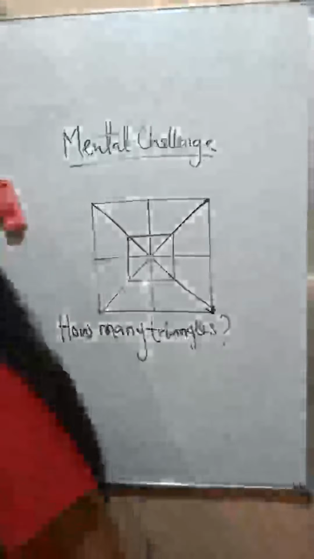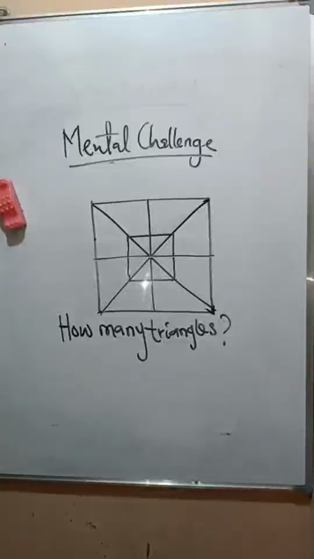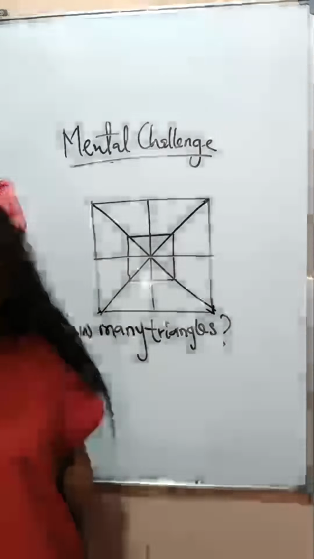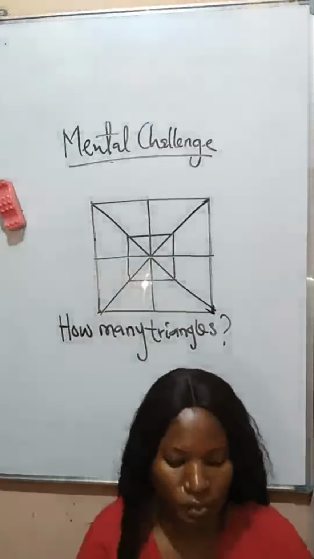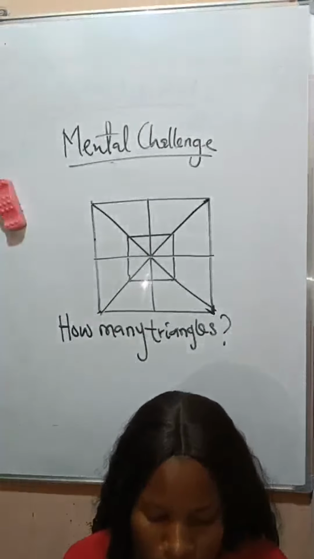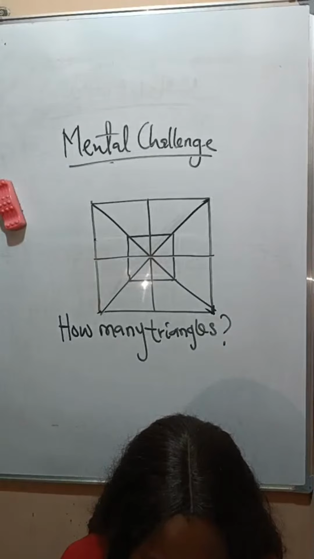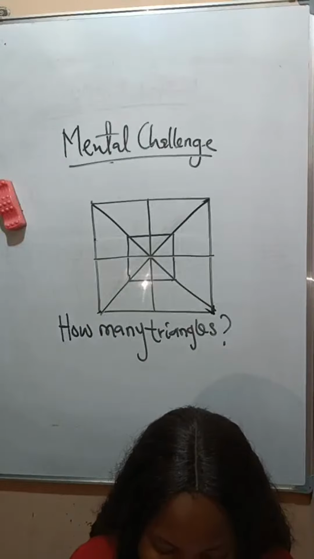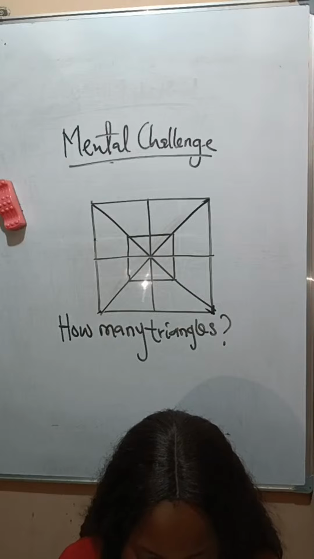Okay. Lucy says all right, how many triangles can you see? Now let's see. Then say 28. Let's say 24. Mark is saying 32.